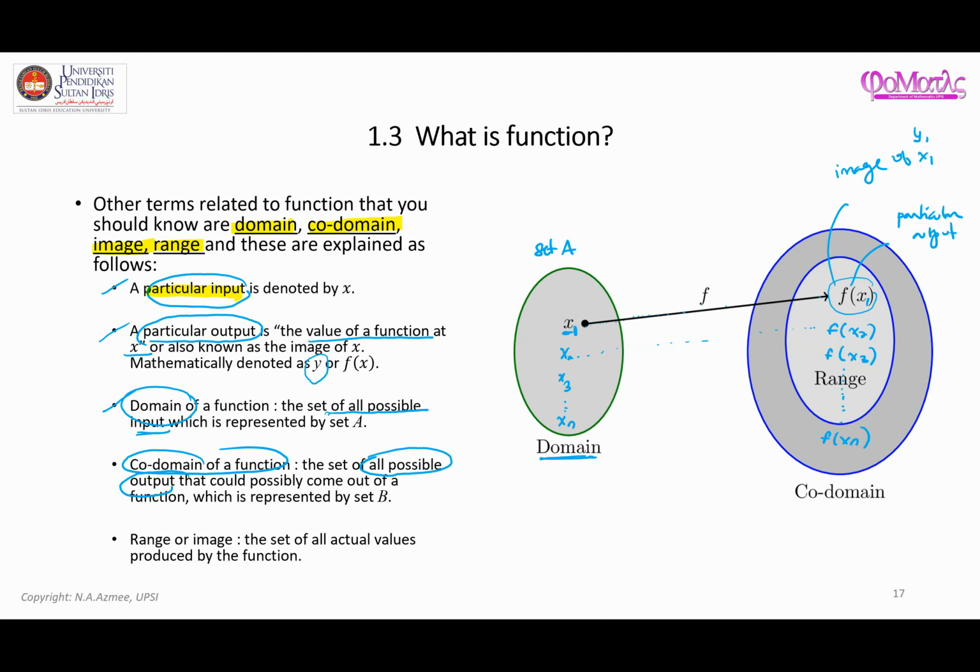So this is the codomain. Next, range or image. You have seen the idea of image just now. Range is the set of all actual values produced by the function. Range is a subset of codomain here, because you can see that the range is in this circle. So range is a subset of a codomain, and it is the set of all actual values produced by the function.